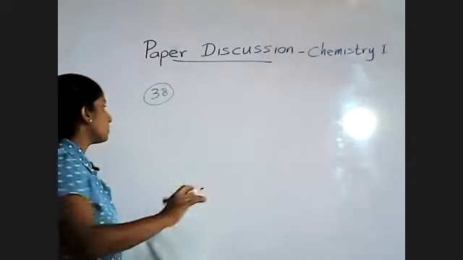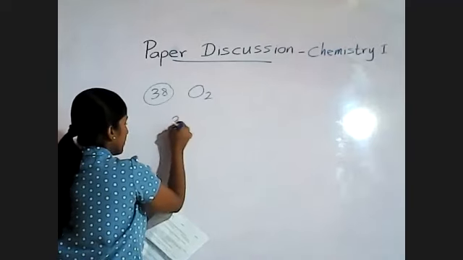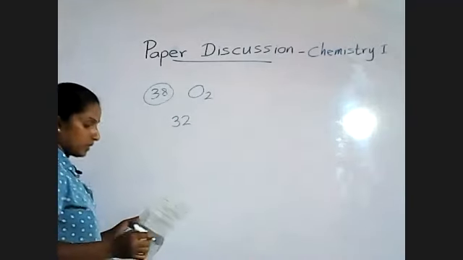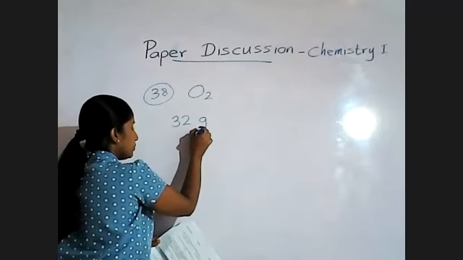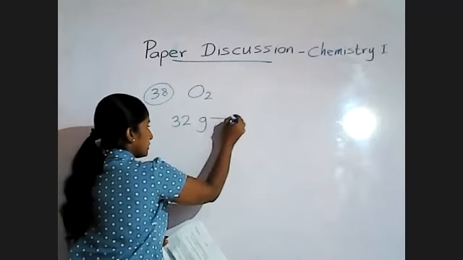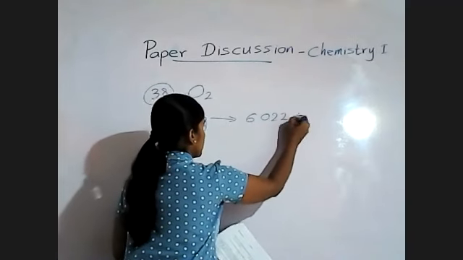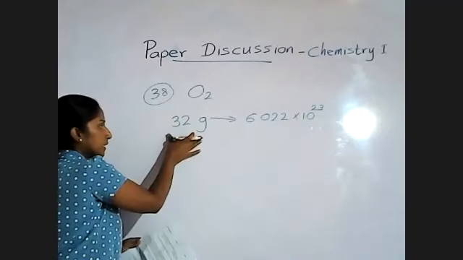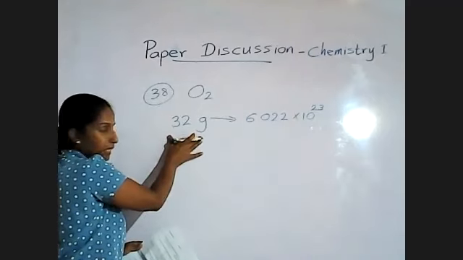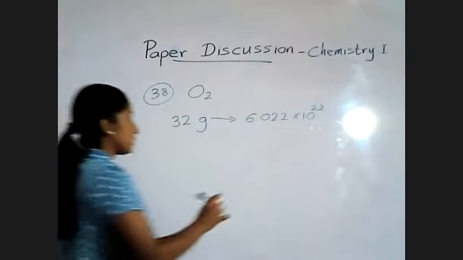What we know is the relative molecular mass of oxygen is 32. What we know is that in 32 grams of oxygen, it contains the Avogadro number of oxygen molecules. In 32 grams of oxygen, it contains this number of oxygen molecules.